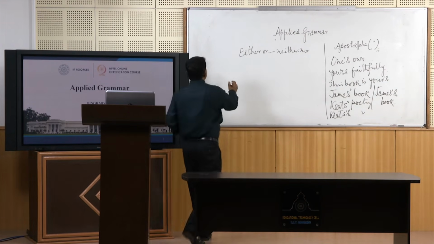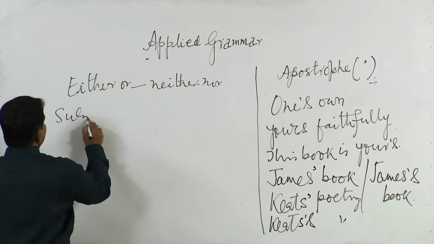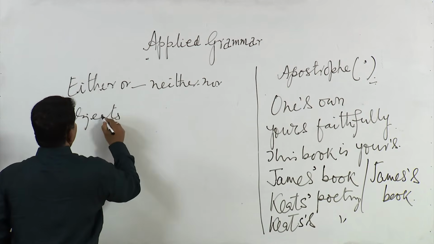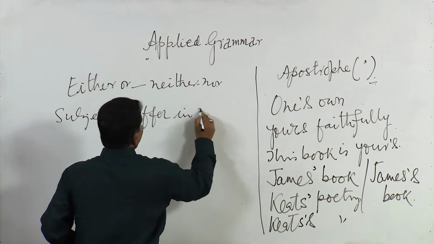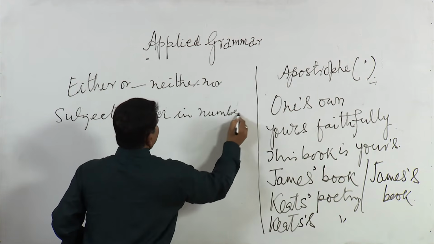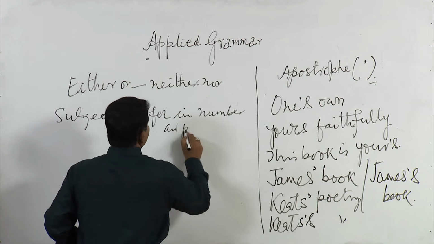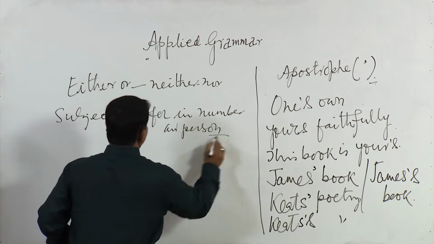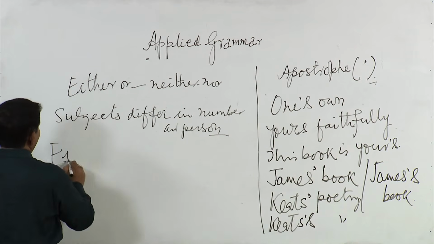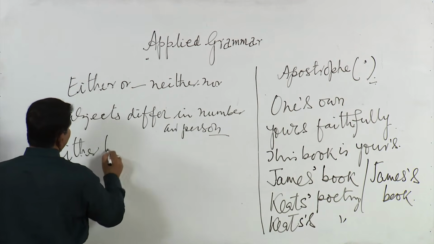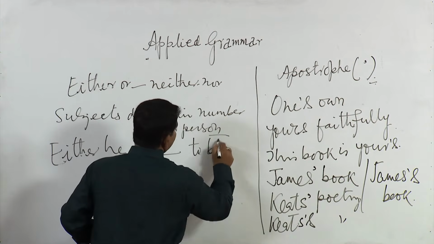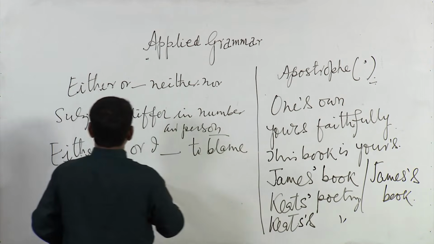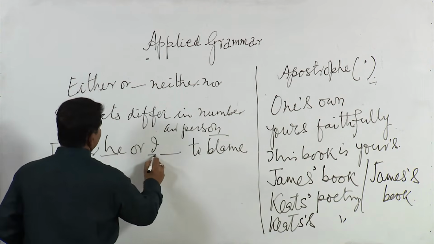In such a situation the verb will agree with the subject which is nearest, when subjects differ in number and person. For example, if you say either he or I to blame, now here this is a subject, this is a subject.